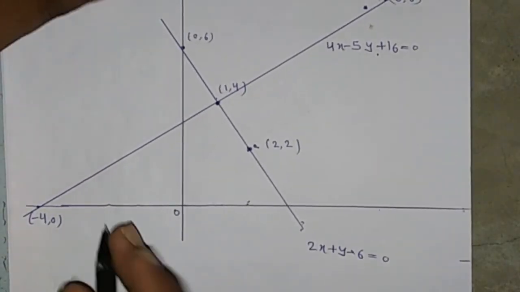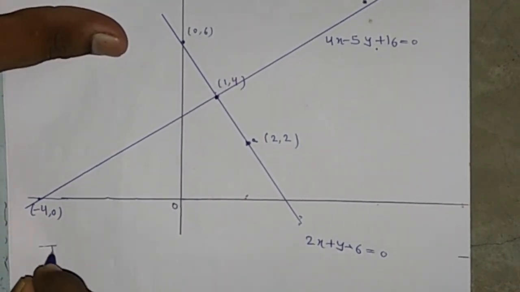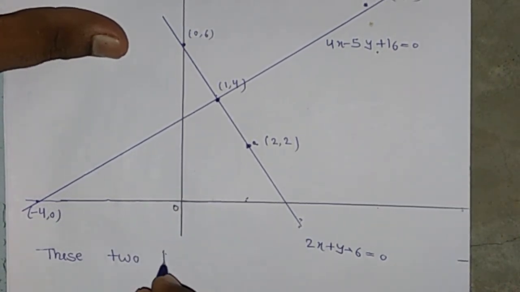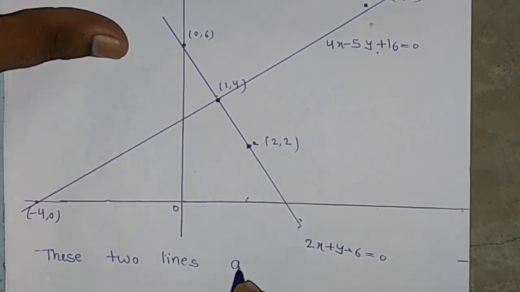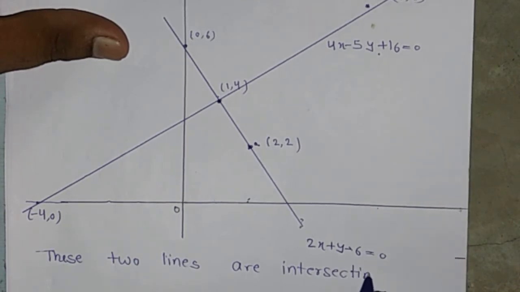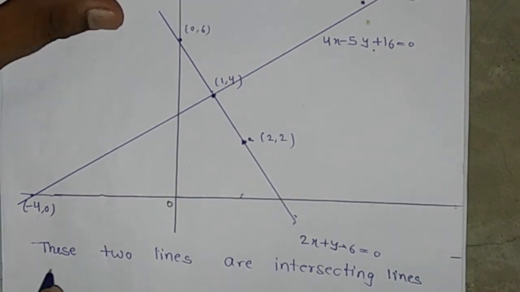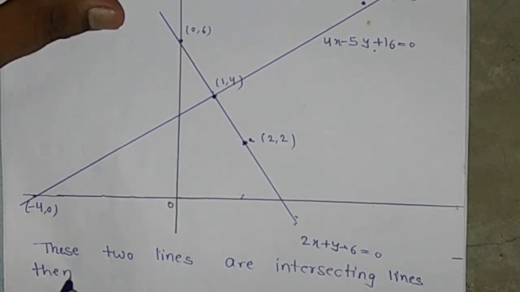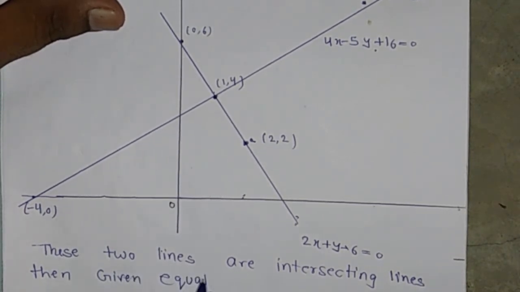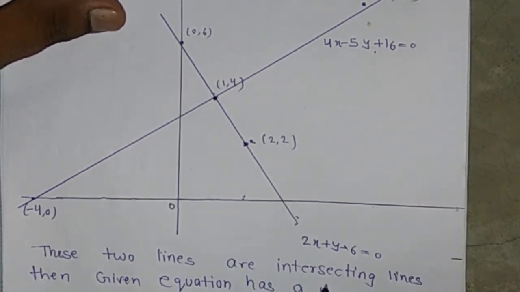Then these two lines give the equations a unique solution.